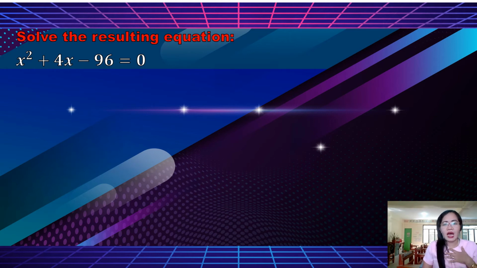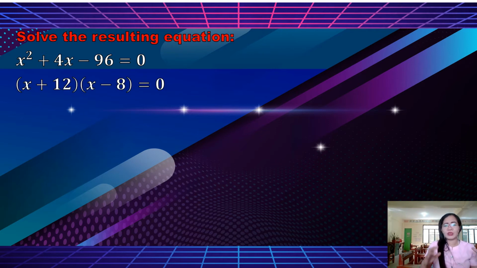I am going to use factoring. The first step in factoring is to write two sets of parentheses. Then we get the factors of the quadratic term x squared and the factors of the constant negative 96.